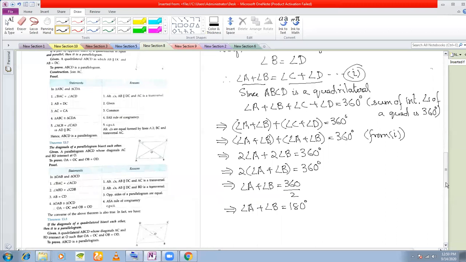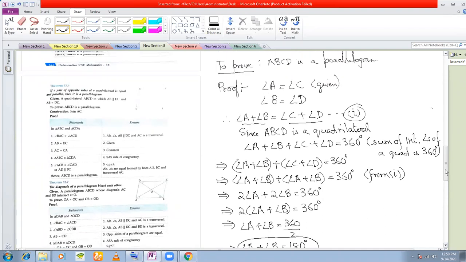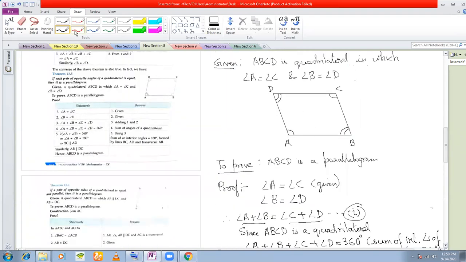So what does this show? What do you mean by angle A plus angle B? We have already shown that angle A plus angle B is equal to 180 degrees. What does this mean? Let's see the figure. This means that the sum of these two angles, angle A plus angle B, is 180 degrees. That means these two angles must be co-interior angles, right?